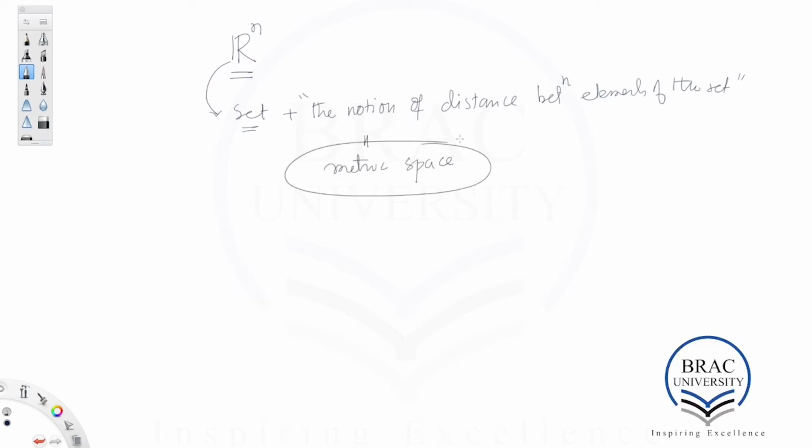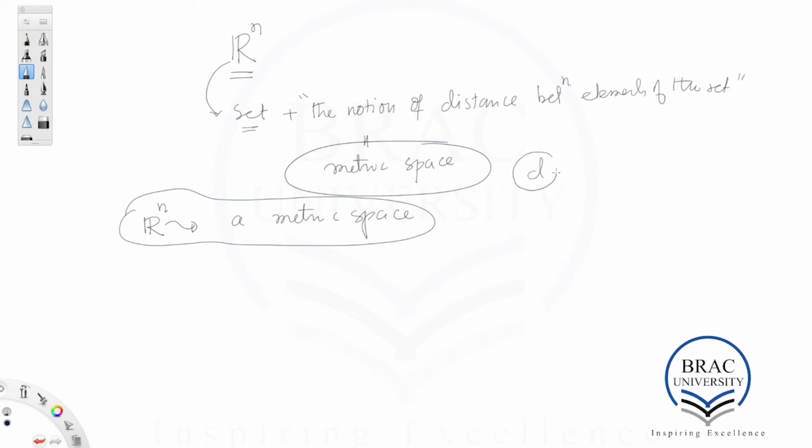So using this notion of metric space, we see that R to the n, or the Euclidean space, is a metric space. And we can talk about open balls in this metric space using the distance function. By the way, the distance function has a name in mathematics called a metric.